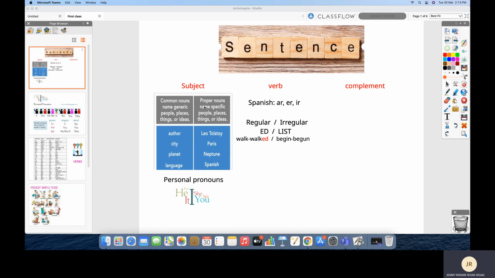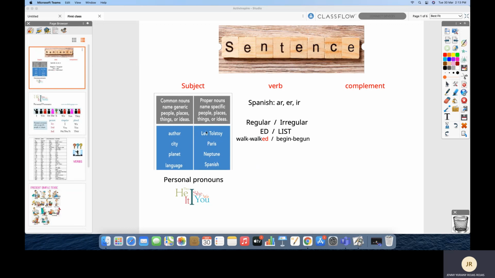But also we can use proper nouns. Proper nouns in English must be written with capital letters. Entonces los nombres propios se utilizan lo mismo que en inglés y se escriben con la primera letra, the first letter with capital letters. For example, an author can be a common noun, but the name of an author is a proper noun.